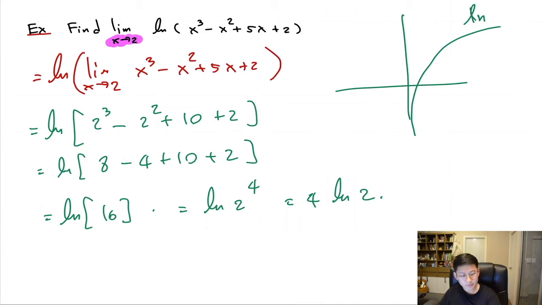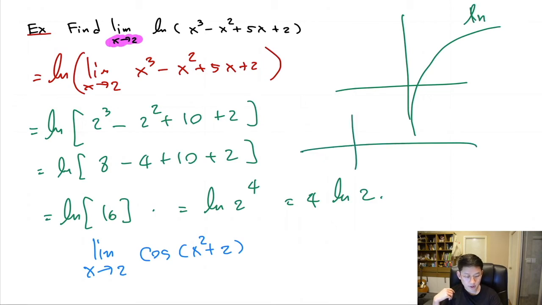And similarly, if you want to find the limit as x approaches 2 of cos of x squared plus 2, cos is a continuous function, right? You know the graph of cos, it looks pretty much like that, so it's continuous. So you can swap between the cos and the limit.